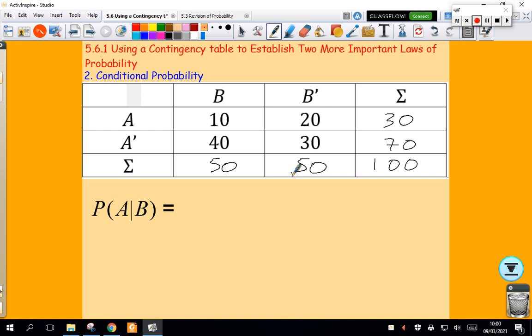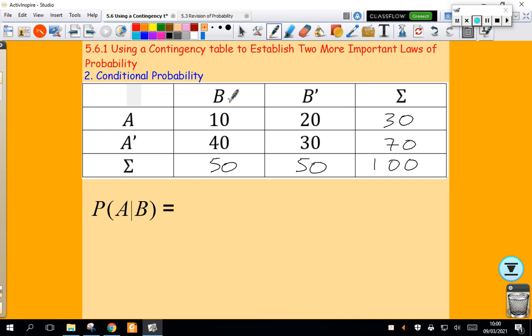And I want to find the probability of A occurring given that B has occurred already. In other words, I'm trying to find the probability of something being in row A given that it has to be in column B. Row A represents all the things in event A, all the different outcomes.